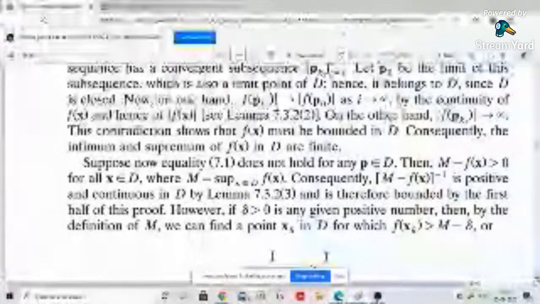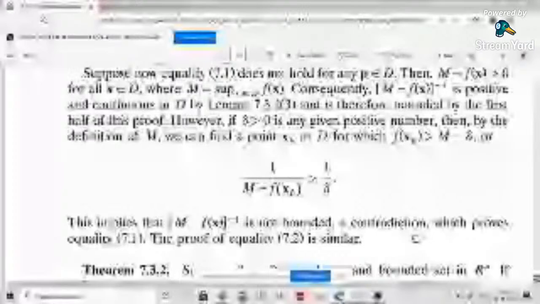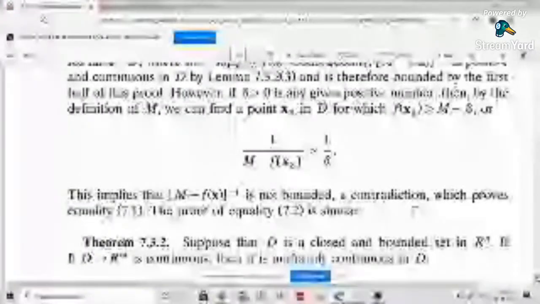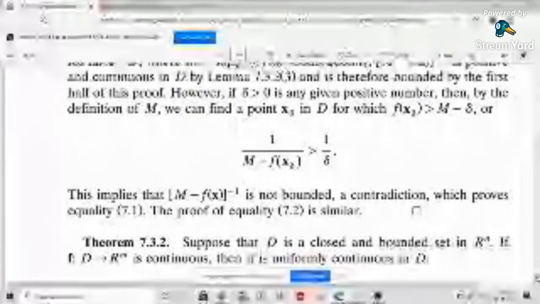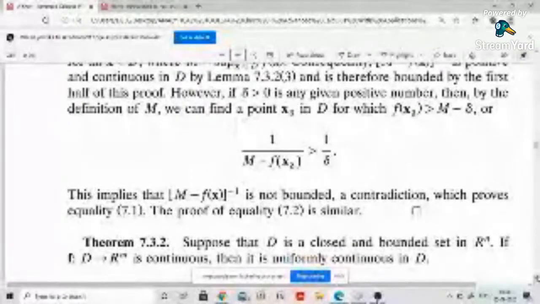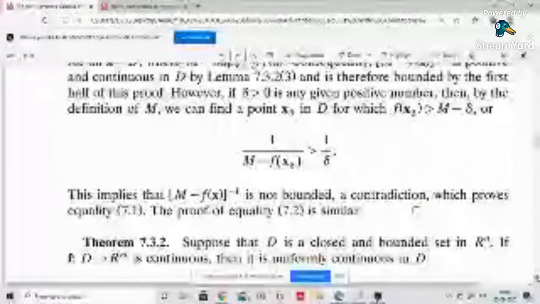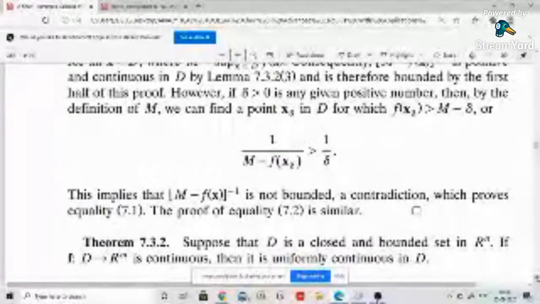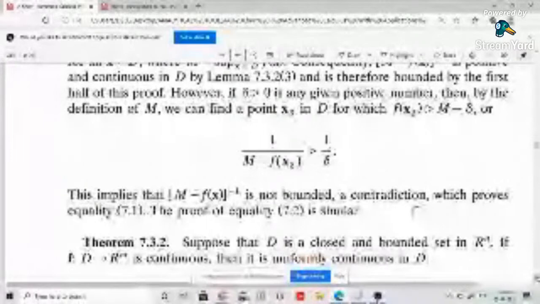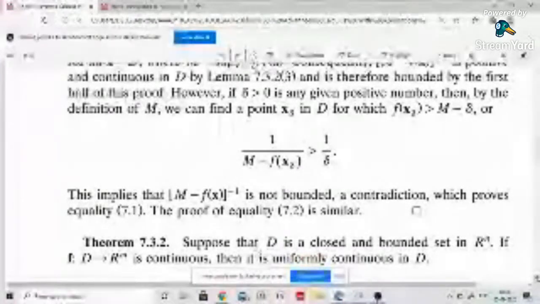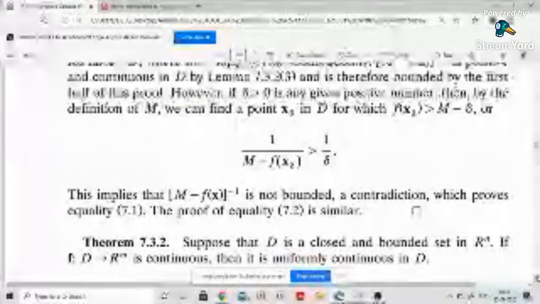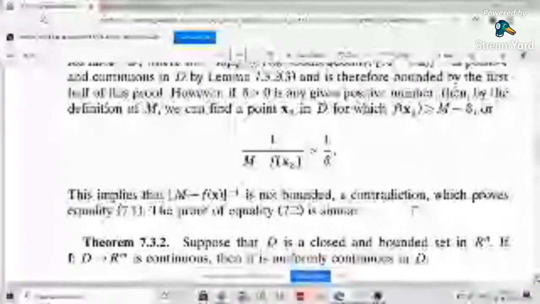Or we take m to the left side, or we can move f of x delta to the right side and delta to the left side and take the reciprocal. That means we can rearrange this expression, and after first simplification we get delta greater than m minus f of x delta, and if we take the reciprocal, we get 1 by m minus f of x delta greater than 1 by delta.